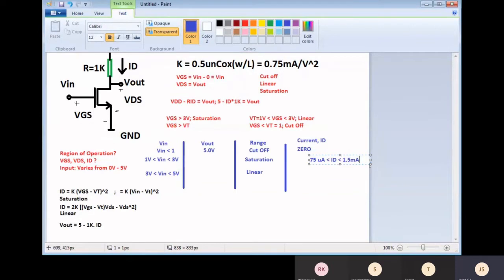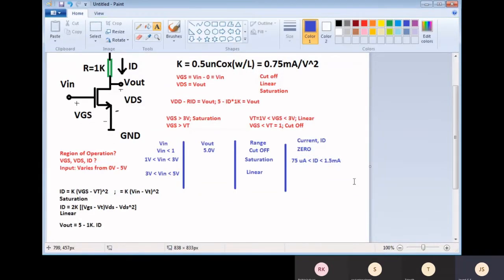Now ID is got, so now tell me what the output values are that you are going to get. The output for maximum current is 3.5 volts.